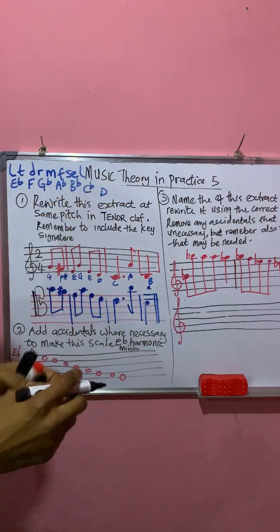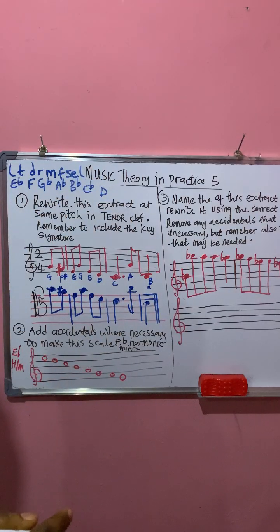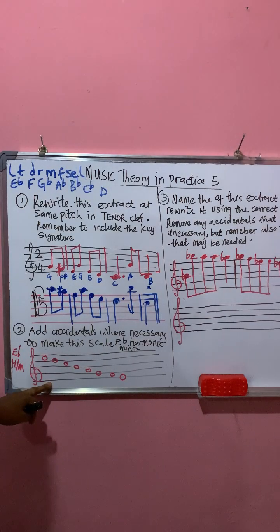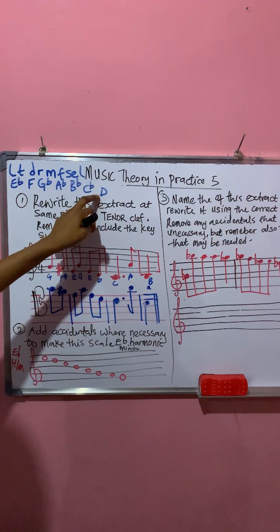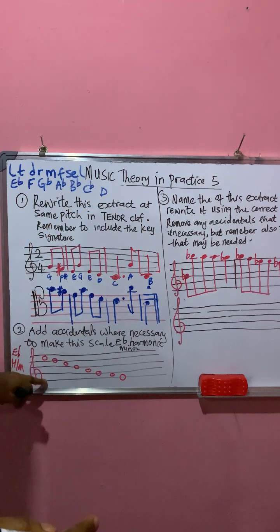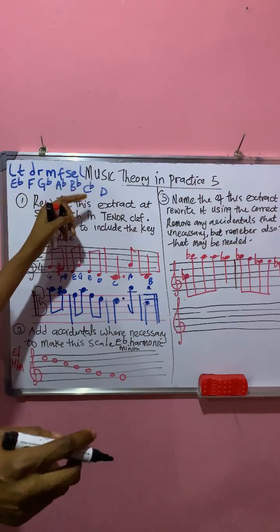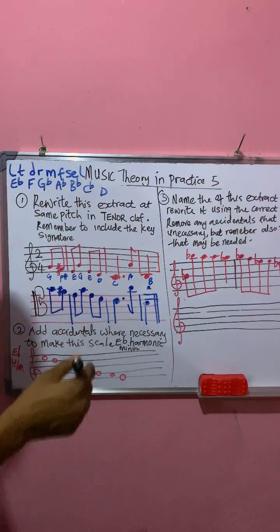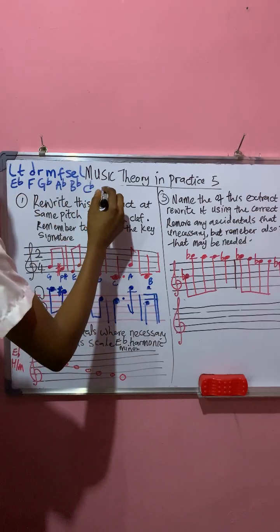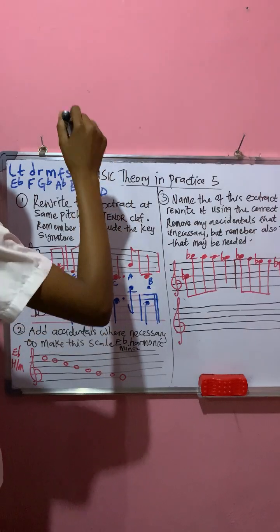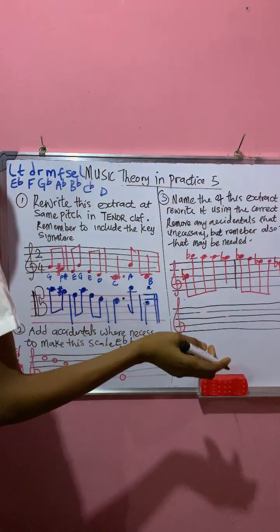Instead of So is G. So instead of using a D flat, we are going to use a D natural. Since key signature was not given, you can just let it be D. But if key signature was given at the beginning, you'd have to naturalize it. And anyways, you wouldn't have written this if there was a key signature. Okay, so it's going to be D as the Si now, because this is representing Si now. Then back to E flat.